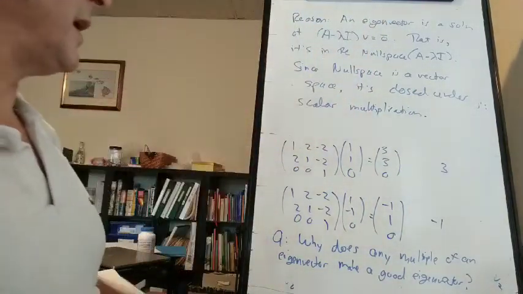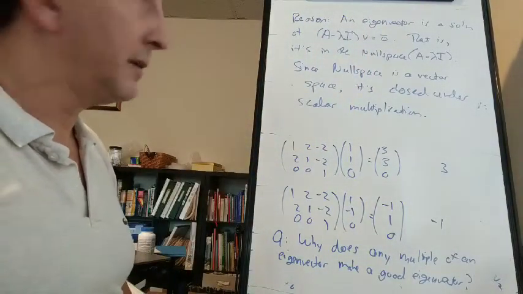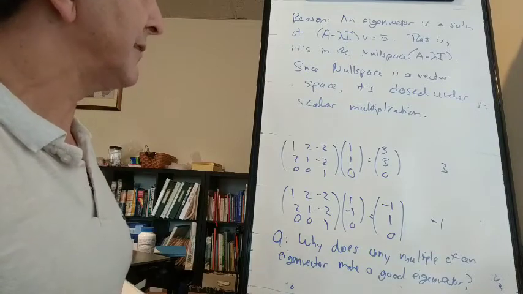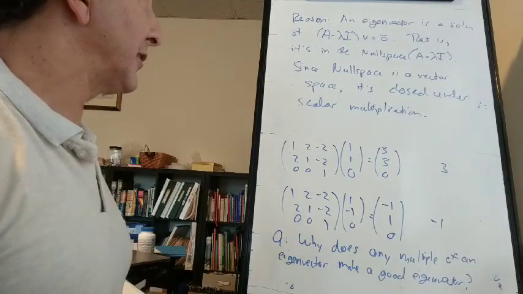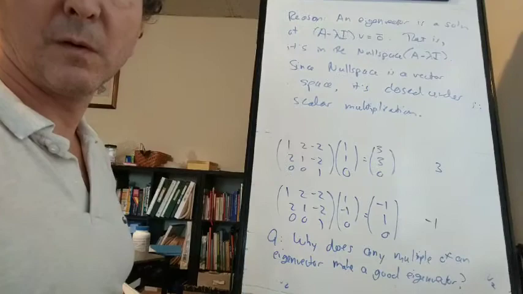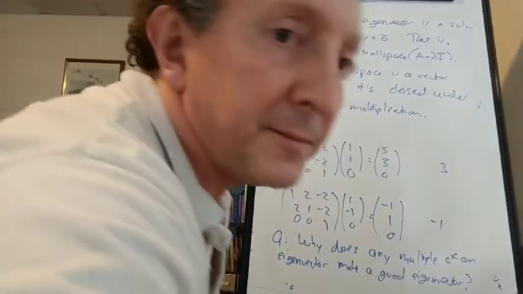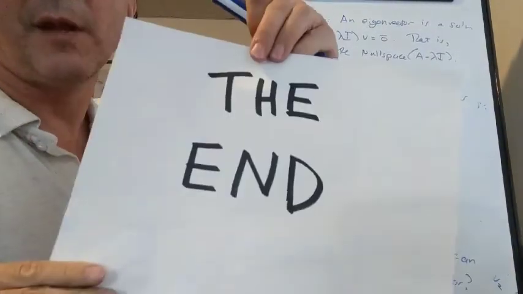So if we look at it that way, I guess it's not too surprising that a multiple of an eigenvector should be an eigenvector also. The end.